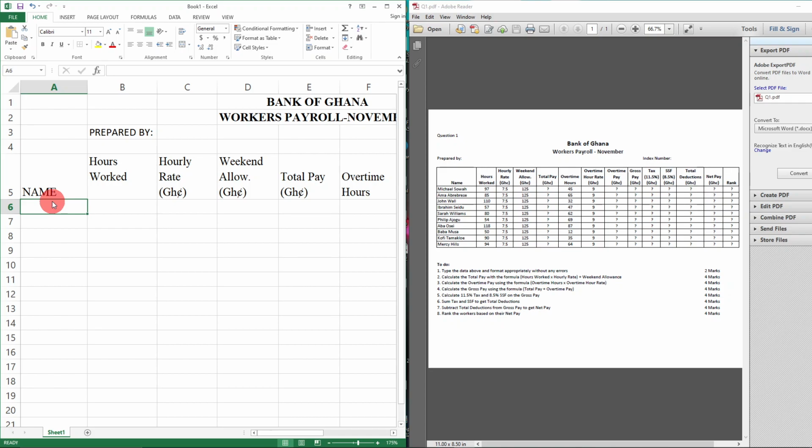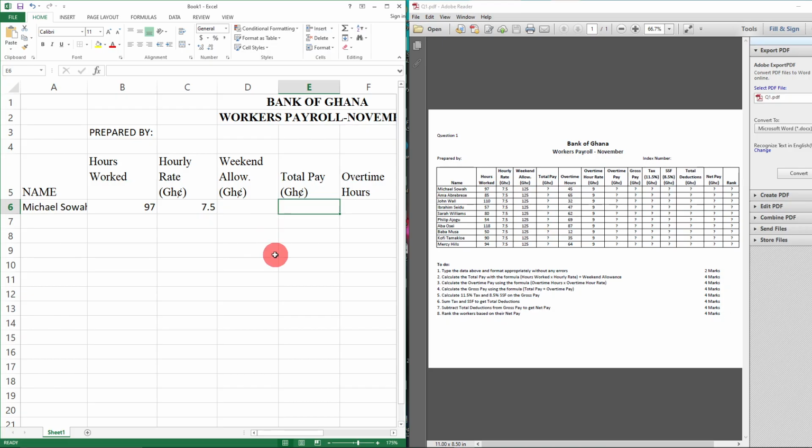So the first one is Michael Soa. So Michael Soa, and the hours worked is 97, and then the hourly rate is 7.5, and then total pay, we don't have it.